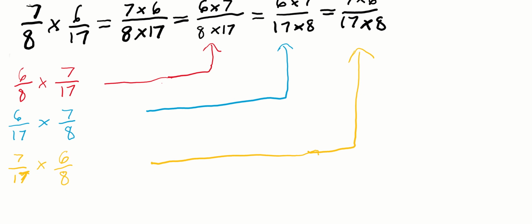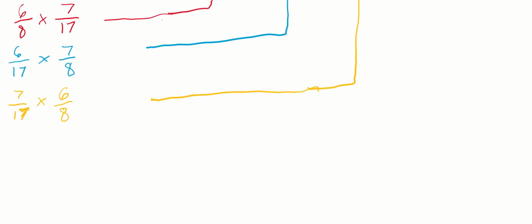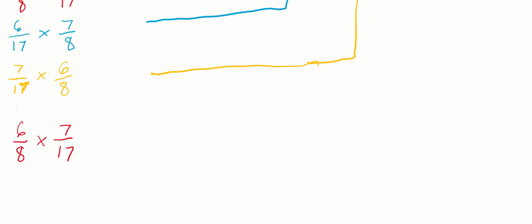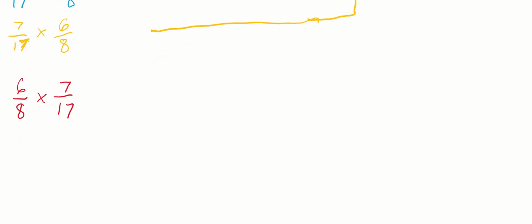Let's take a closer look at 6 over 8 times 7 over 17. Six over 8 can be reduced.